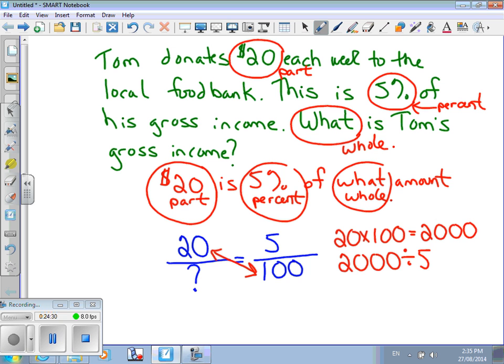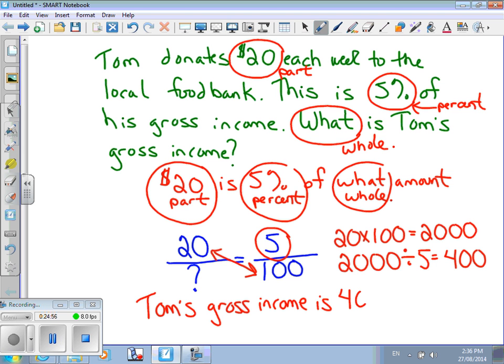That's the number that did not get used when we were looking for our diagonals. And we'll get an answer of 400. So as a final statement, we could say Tom's gross income is 400, and now I'll put my dollar sign back in.